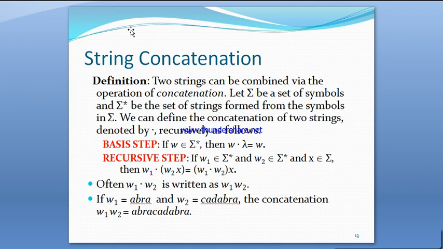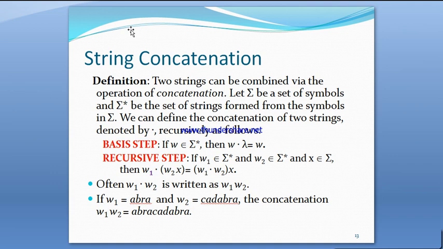Now, let us consider another example which defines string concatenation, which is also called string catenation. Two strings can be combined via the operation of concatenation. Suppose sigma is the set of symbols and sigma star the set of strings. We can define the concatenation of the two strings recursively.